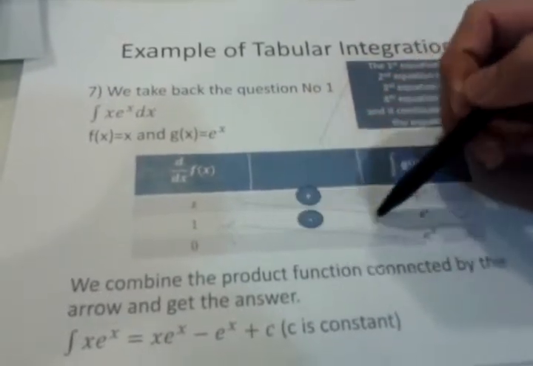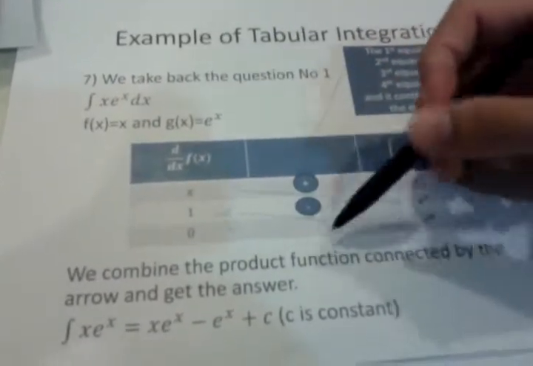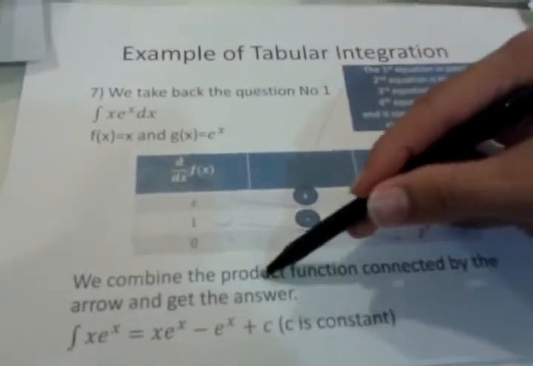The arrow of 1 will go to 2, the arrow of 2 will go to 3, the arrow of 3 will go to 4, the arrow of 4 will go to 5.